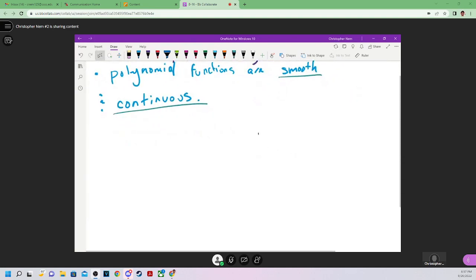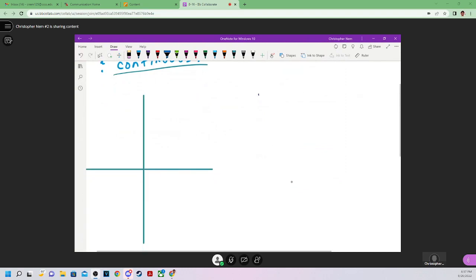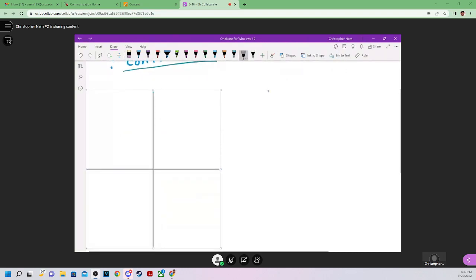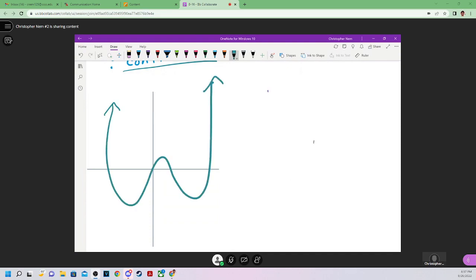But the general idea of what it means to be continuous: if I were to draw this coordinate plane, I don't know what my polynomial function might look like. It might have some weird behavior like this. The key thing is that no matter what kind of behavior it has, it's going to be continuous.